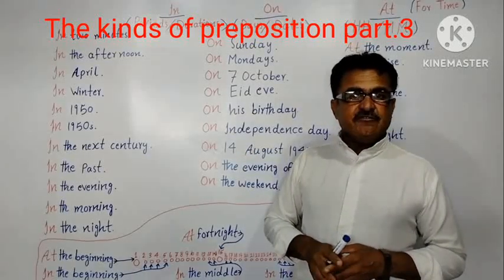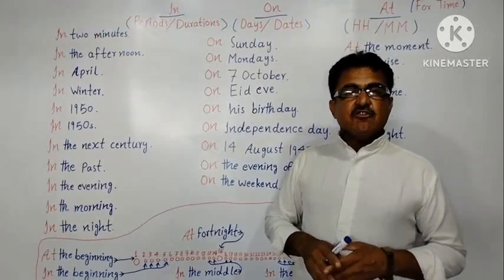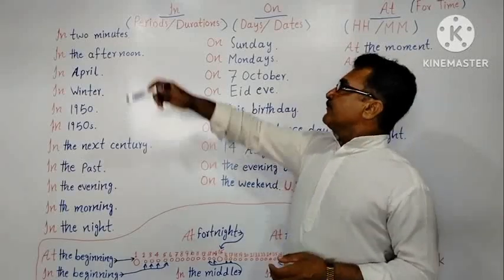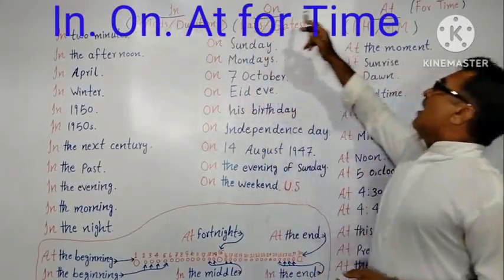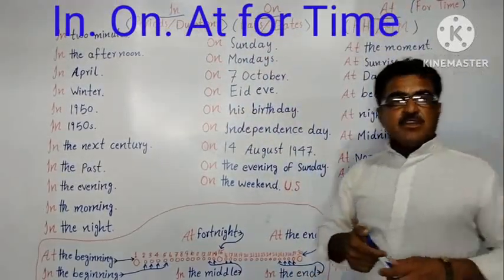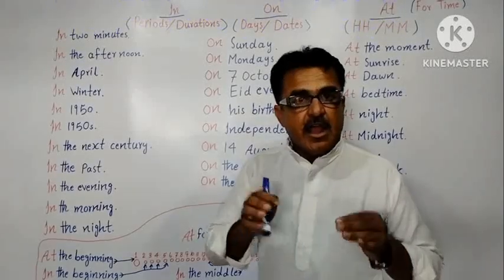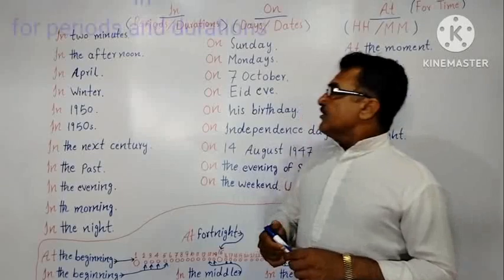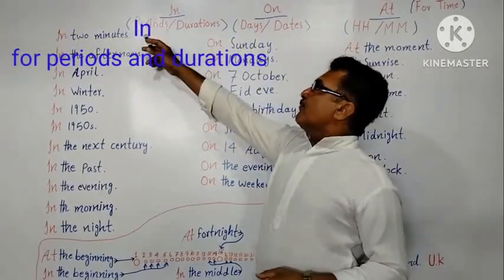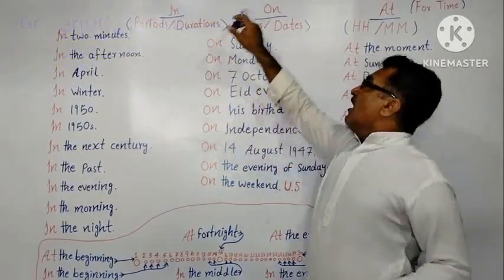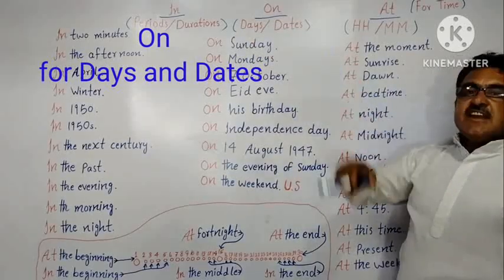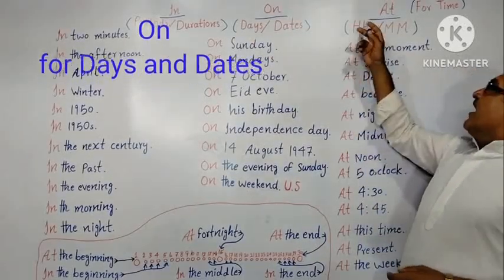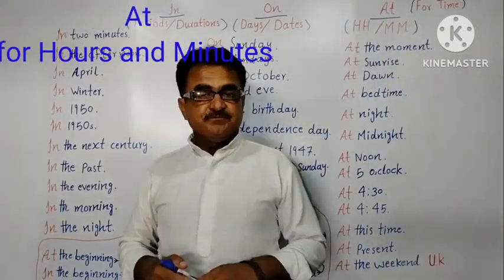So in today's lesson, we will learn in, on, at for time. In is for periods and durations, on is for days and dates, and at is for hours and minutes.